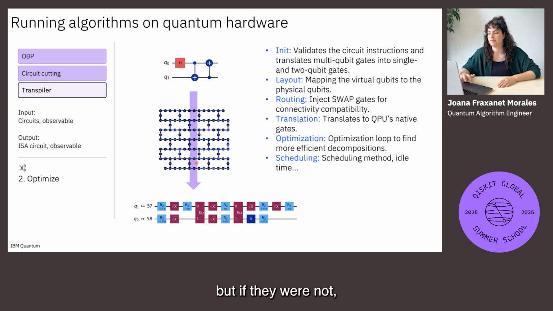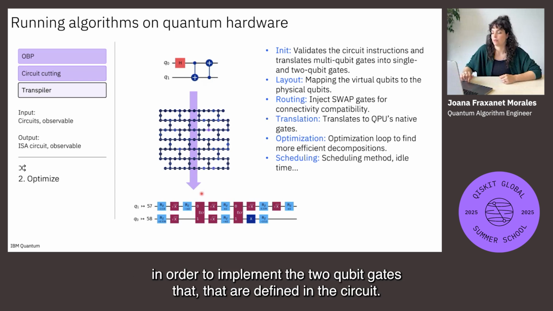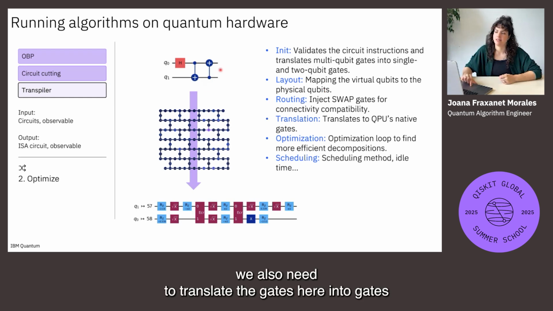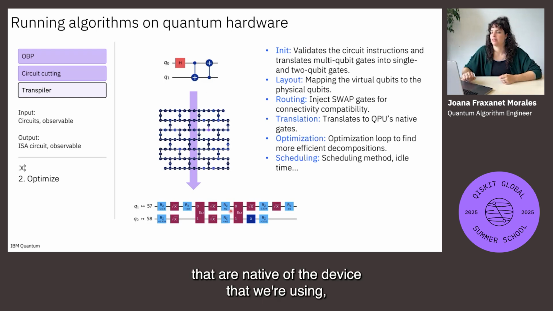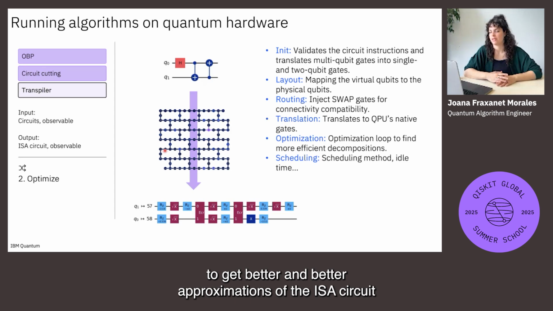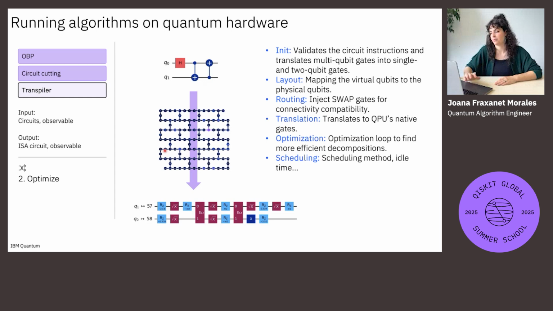In this case, they are, but if they are not, we would need to introduce some swap gates in order to connect them, in order to implement the 2 qubit gates that are defined in the circuit. Once this is done, we also need to translate the gates here into gates that are native to the device that we're using. And we can optimize the whole thing in order to get better and better approximations of this ISA circuit so that the depth doesn't increase so much.